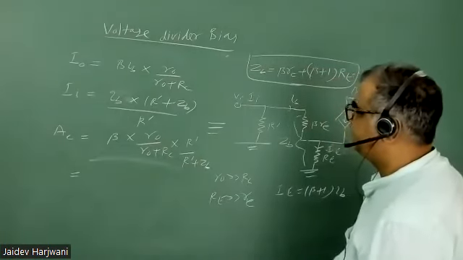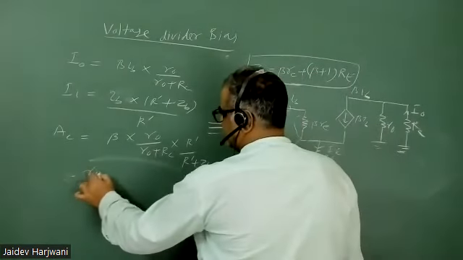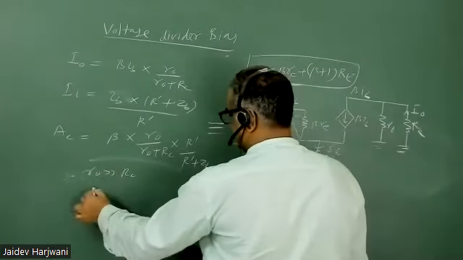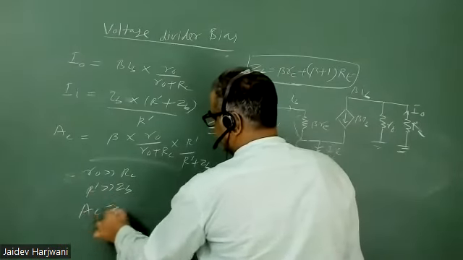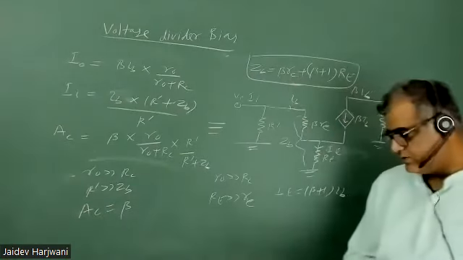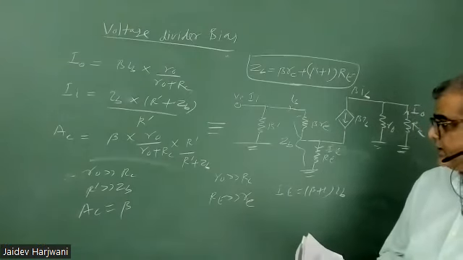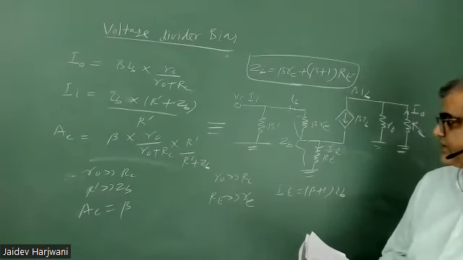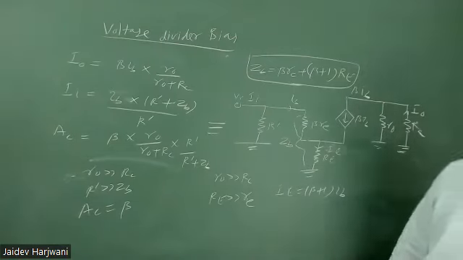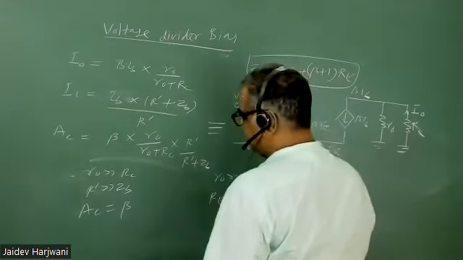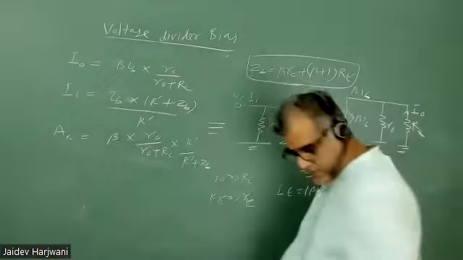Yes or no? So again, if R naught is greater than RC and your R dash is greater than ZB, then your AI will again come to beta. Let me check whether it's coming like this. Okay, it is correct. Generally your R naught is very high, almost infinite. I'm not taking all the approximations now.